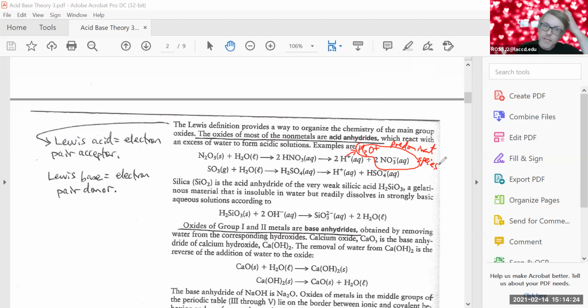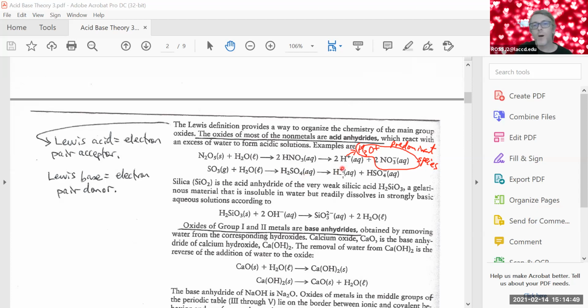Sulfur trioxide, you can see over here, is a nonmetal oxide. Let me get my pointer back. Sulfur trioxide is a nonmetal oxide. And when it adds to water, so you could bubble this through water, for example, you would form sulfuric acid, which is a strong acid, or at least the first proton is.